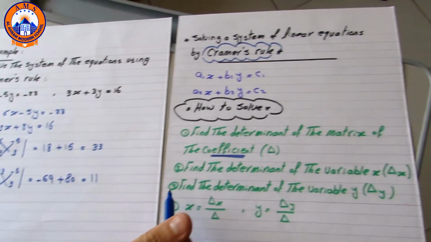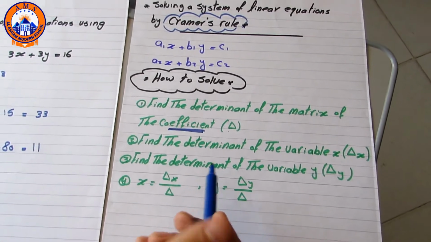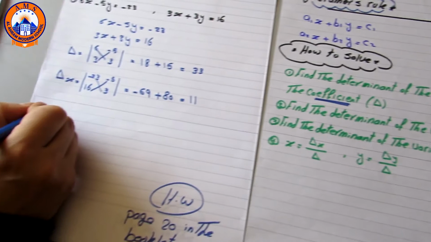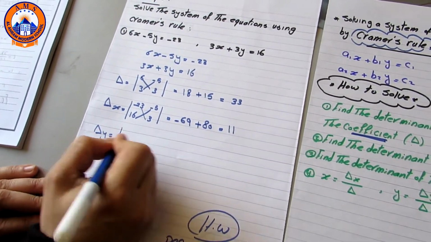The third step, find the determinant of the variable y, and it's called delta y. So how to find delta y?